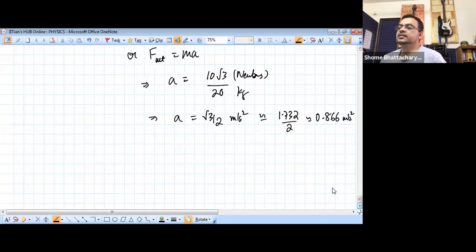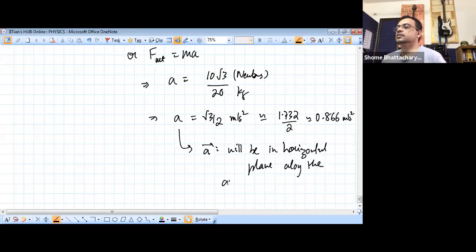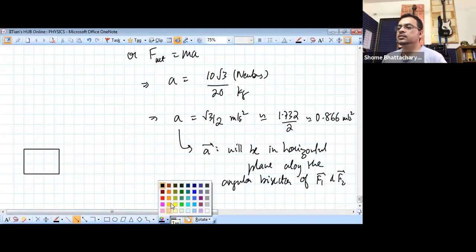But this acceleration vector will be along which direction? Okay. Acceleration vector will be in the horizontal plane, along the angular bisector of F1 and F2. So in that diagram that we drew earlier, the forces F1 and F2 were acting symmetrically with respect to these edges.